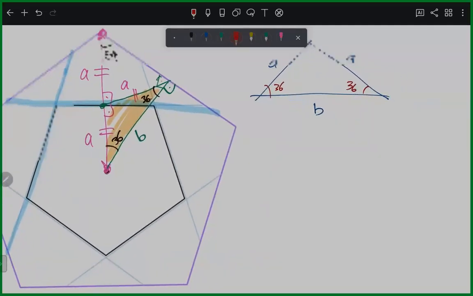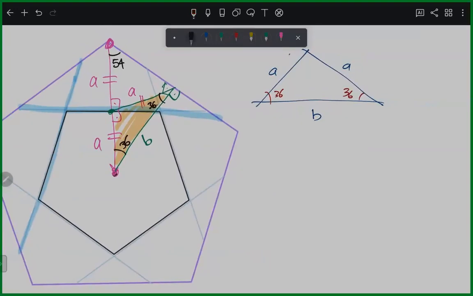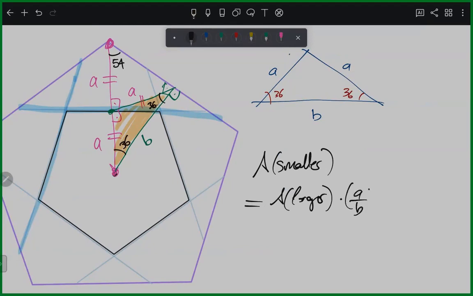Now, why are we doing this? It's because the area of the smaller pentagon equals the area of the larger pentagon times A over B quantity squared. Why?